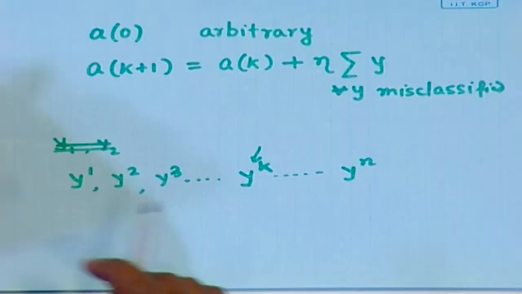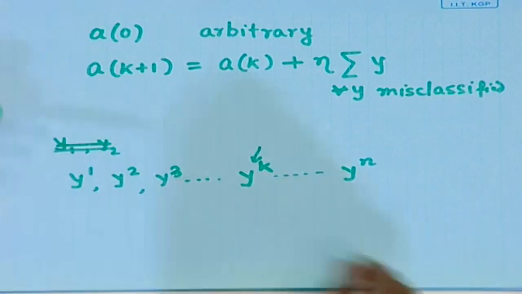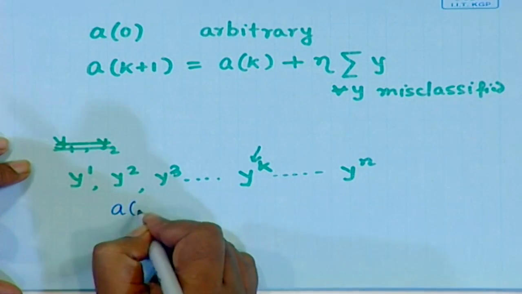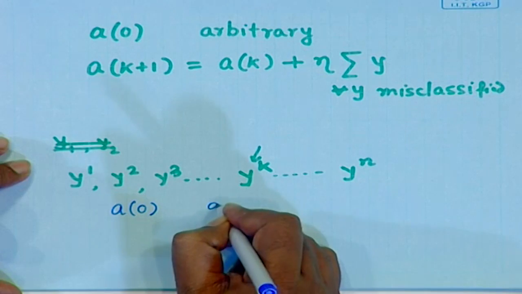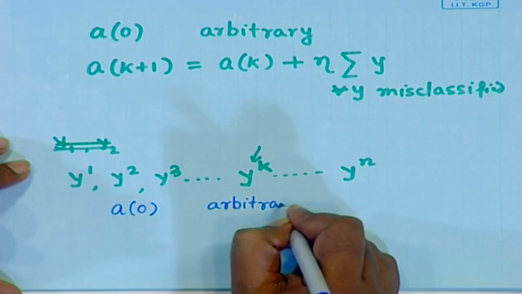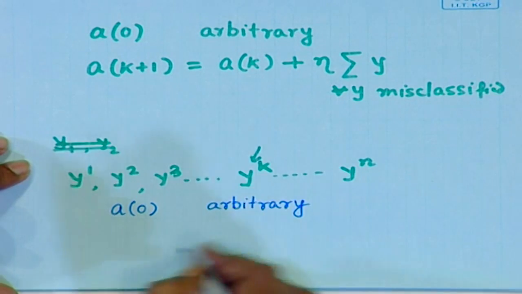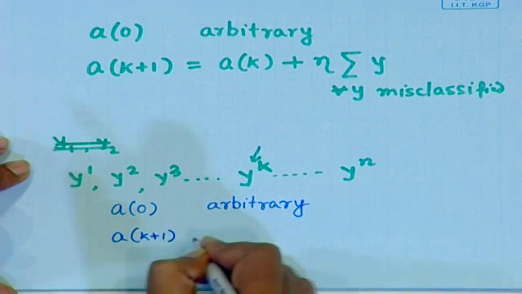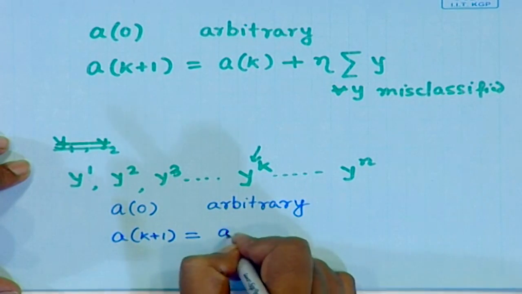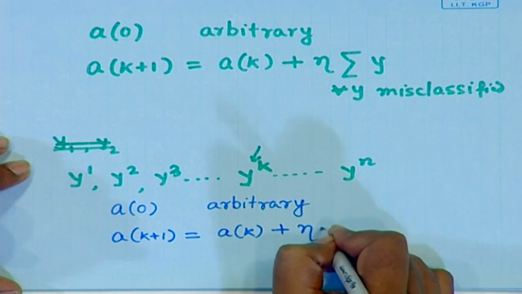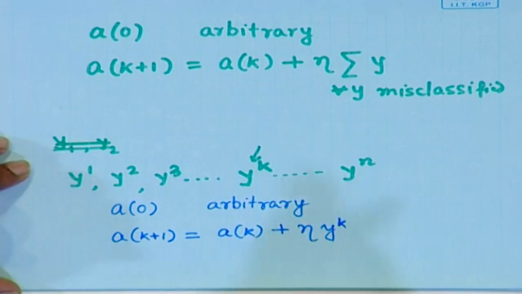Okay. So, following this, now the new algorithm will be again as before, a0 is arbitrary, and a(k+1), that is for the kth sample, will be a(k) plus eta times y(k).